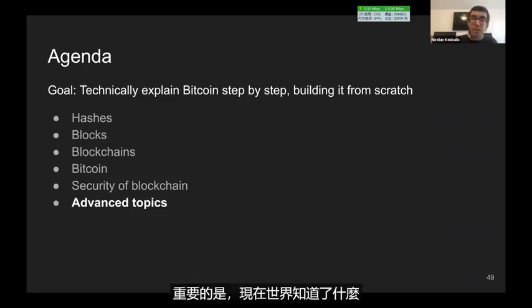What's important is that now the world knows something better, and the world will adapt, whether by changing the code of Bitcoin, by changing our regulations, by changing our mindsets, or by creating new and different coins that make more sense in 2021. At the end of the day, what's important here is that there is a new technology that has significant advantages.